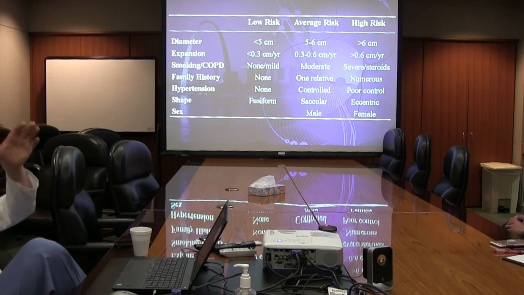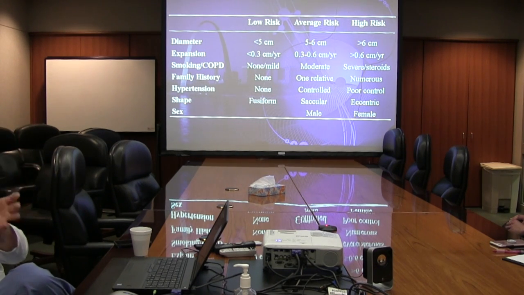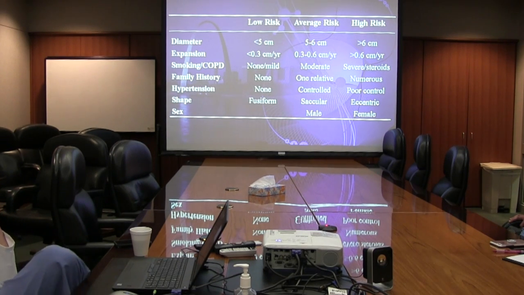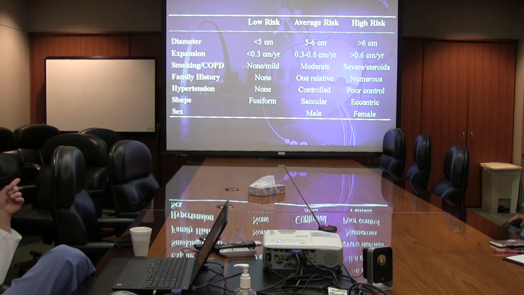So fusiform are those nice ones, it comes down, you know. Saccular is just sticking out to one side. Okay? Those are more worrisome. Saccular is more worrisome for rupture. Men get them more often than women. But if you're a woman and you've got one, you're more likely to rupture. So the risk of rupture is higher in a woman. The incidence is higher in men.